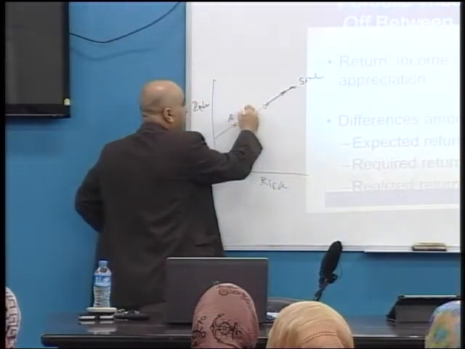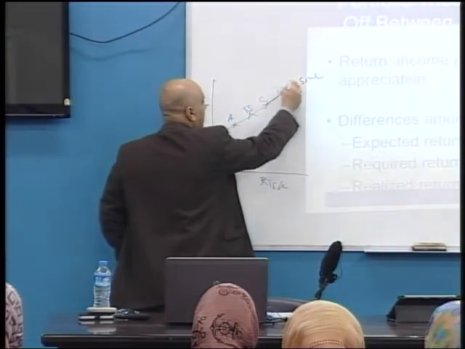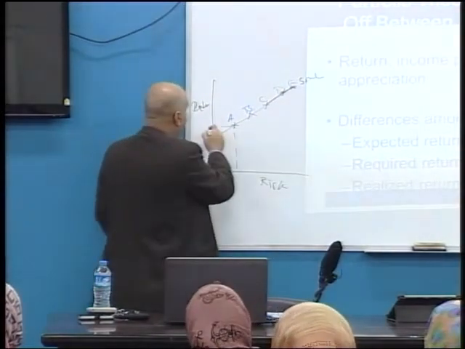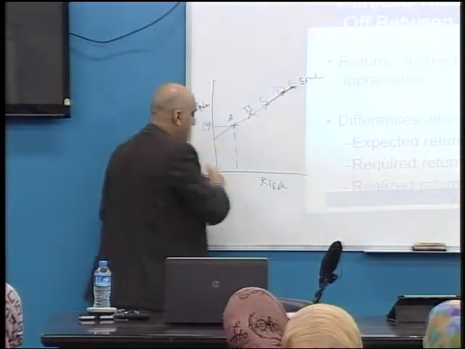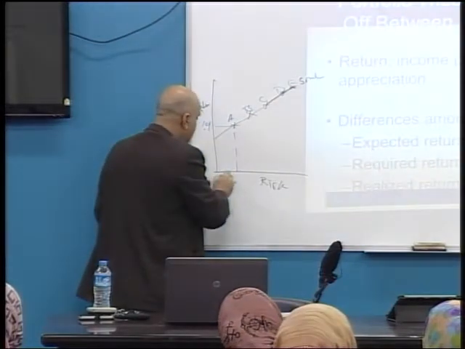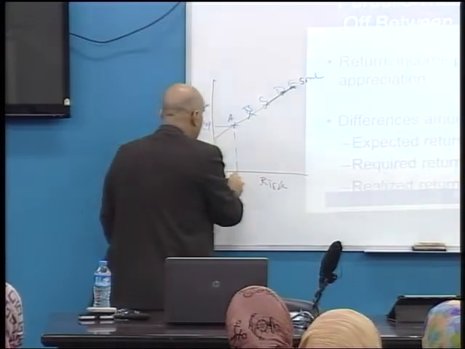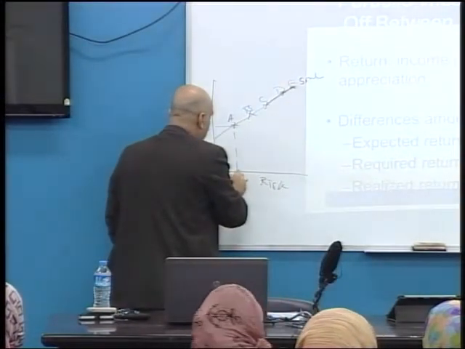If we have A, B, C, D, and E, the required rate of return of A is, for instance, 9%. And this is the sigma. Sigma is the measure of risk, for instance, could be 0.24.